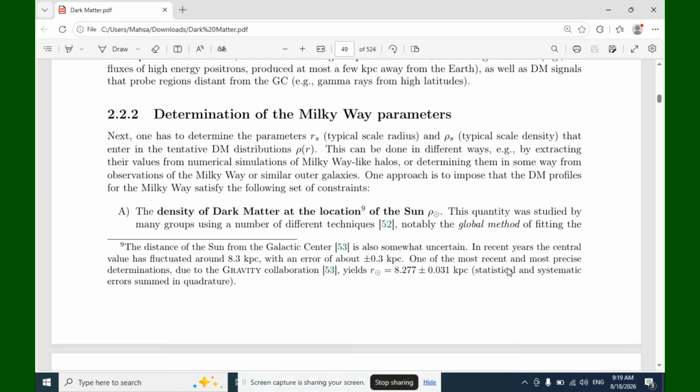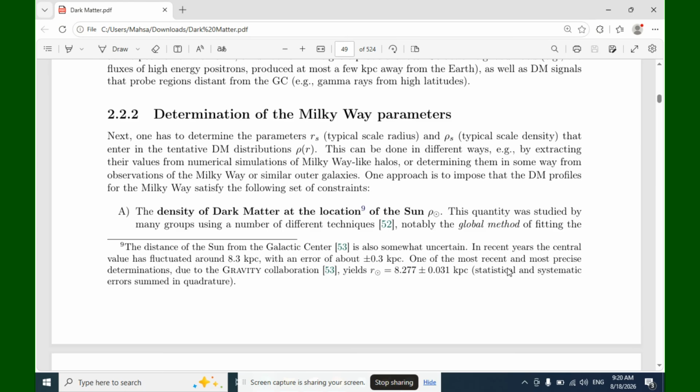This can be done in different ways, for example, by extracting their values from numerical simulations of Milky Way-like halos, or determining them in some way from observations of the Milky Way or similar outer galaxies. One approach is to impose that the dark matter profiles for the Milky Way satisfy the following set of constraints. The density of dark matter at the location of the Sun.